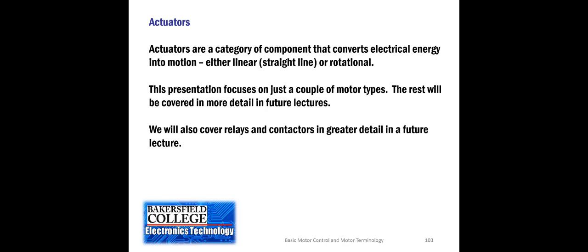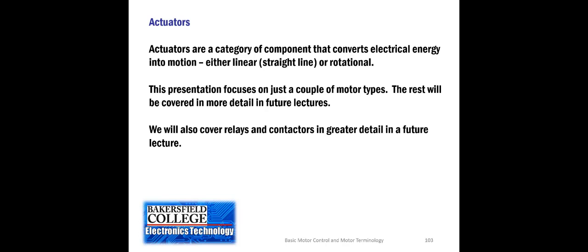Now let's get into actuators. An actuator is a device that converts electrical energy into motion, either a straight line motion or a rotation. The difference between a motor and an actuator is that an actuator does not continually rotate. It does not have 360 degrees of rotation and can keep doing that.